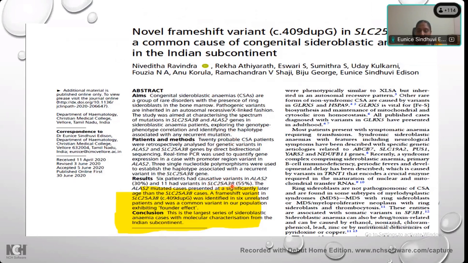ALAS2 gene mutations were identified only in 30% of the cases. ALAS2 is the X-linked sideroblastic anemia, whereas SLC25A38 is the autosomal recessive form. Here also we had some cases where we could not identify the genetic defect.